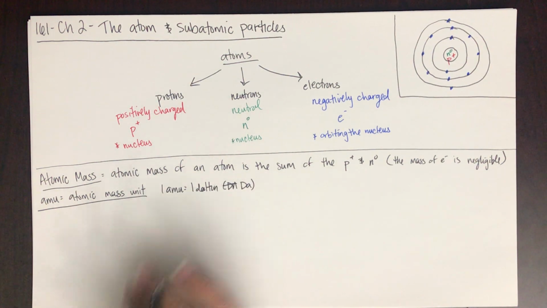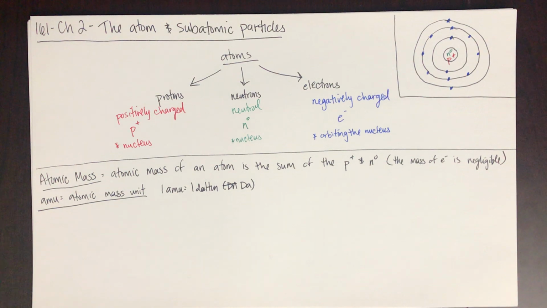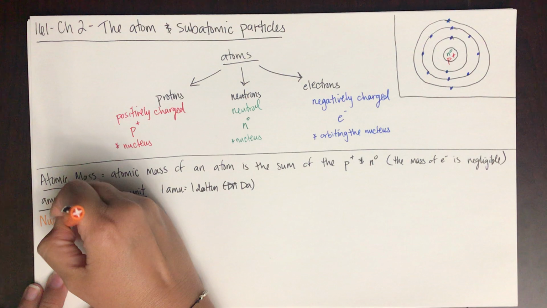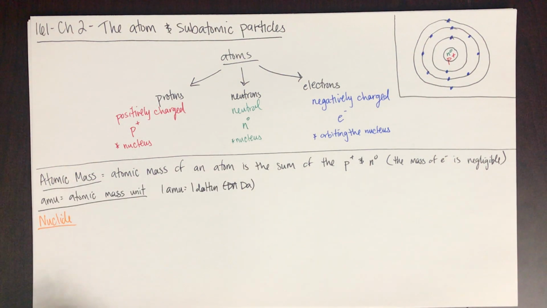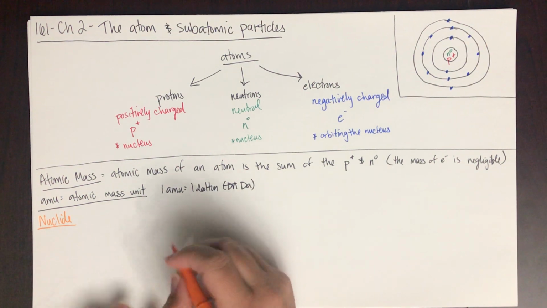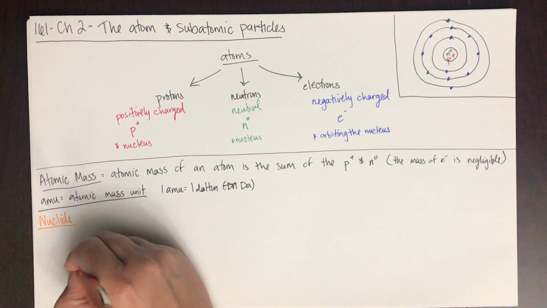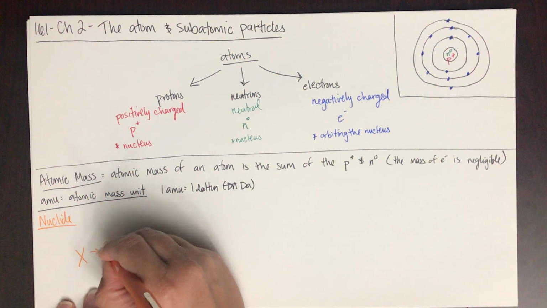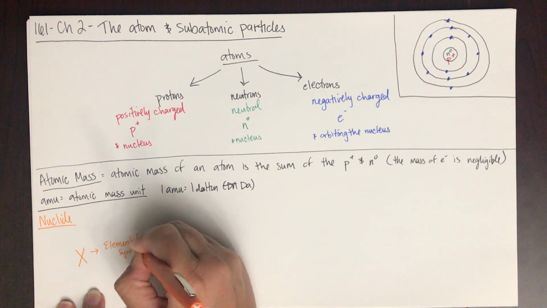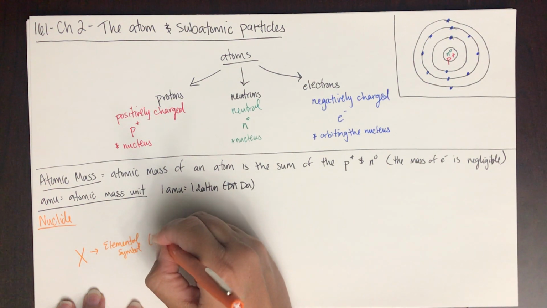We're also going to introduce something called a nuclide. A nuclide is a shorthand symbol that we use to tell how many protons, neutrons, and electrons we have in an element. This is an example of a nuclide, and then we'll do some other examples. We have X, which would be the elemental symbol. This would come from the periodic table.